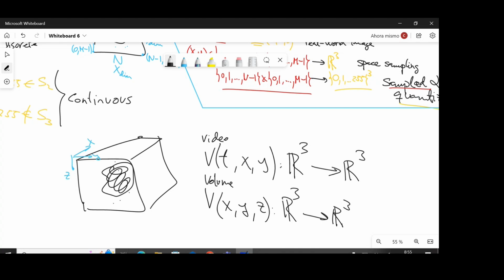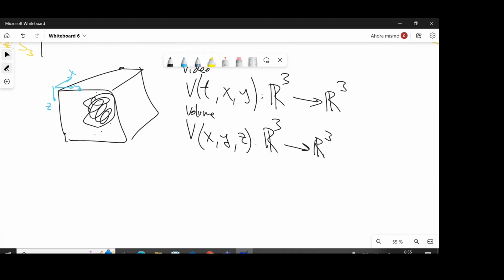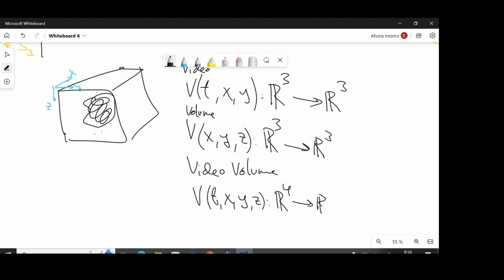Yeah, if now you make your volume change over time, now you can add an extra coordinate. So I want to make a video volume. Now I have time, goes from R4 to R3. That is your question, right?